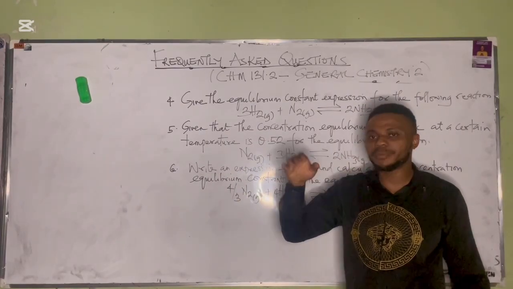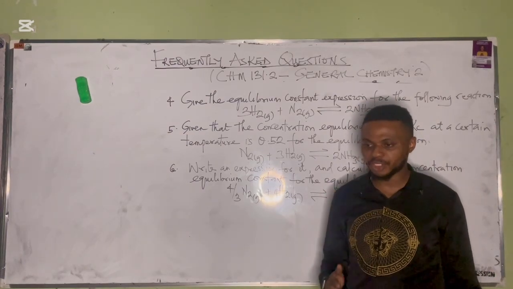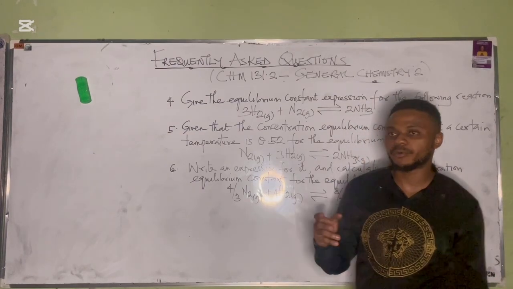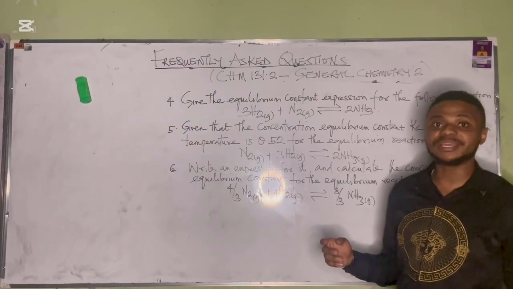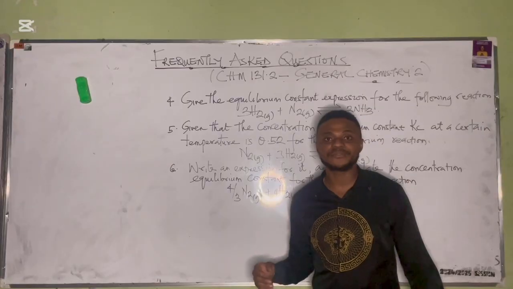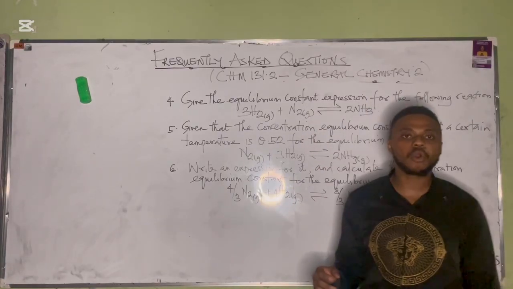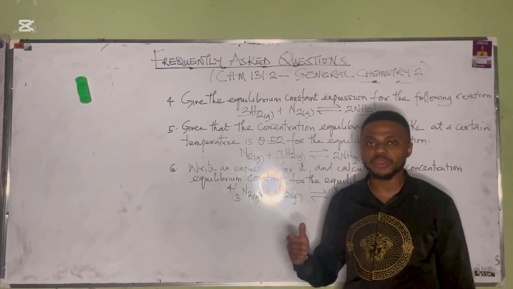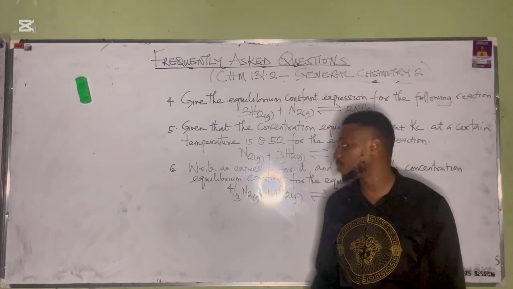That is, equilibrium has to do with balance, all right? So in a given reaction, reactants form products, and the rate at which the reactants form the product is the same rate at which the product will come back to form reactant. That is what we call chemical equilibrium.